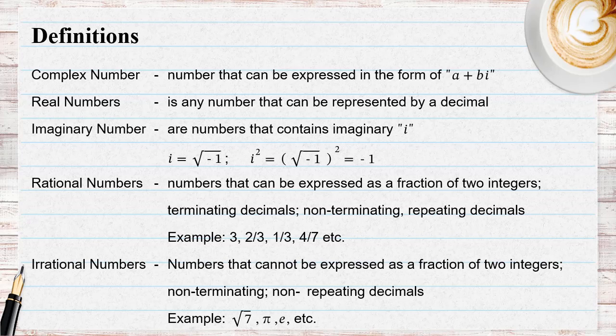Examples: 3, 2/3, 1/3, 4/7, etc. Irrational numbers: numbers that cannot be expressed as a fraction of two integers, which are non-terminating, non-repeating decimals. Example: square root of 7, pi, e, etc.